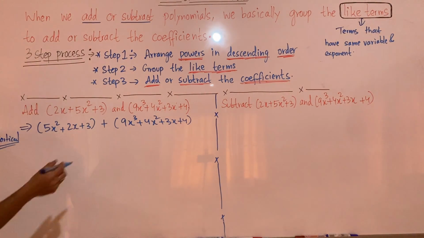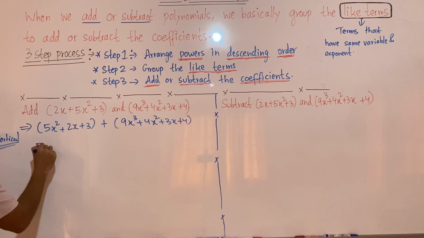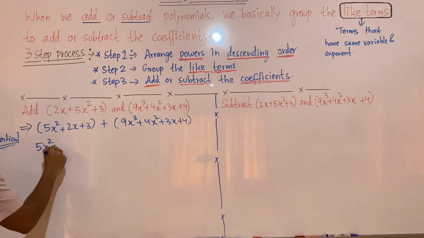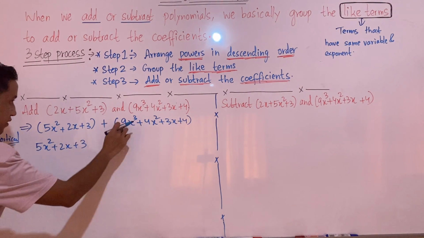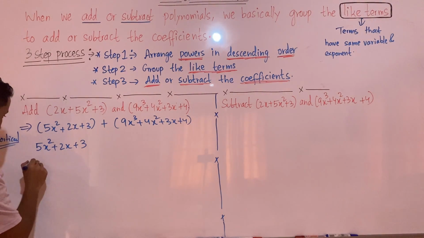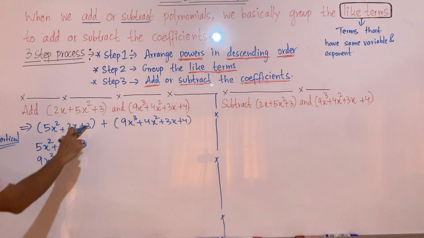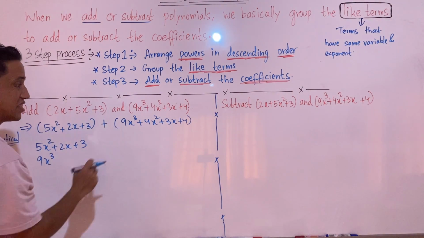Okay, for example, I will write this expression and then I will write another expression under this expression. Okay, so it would be 9x cubed. Now see here, I don't have 9x cubed.